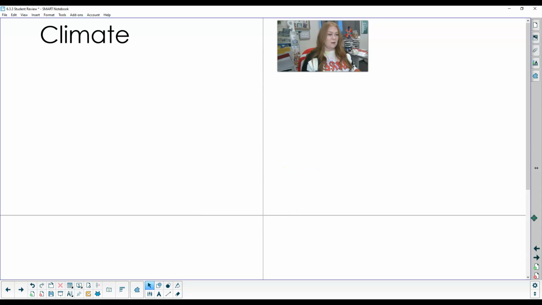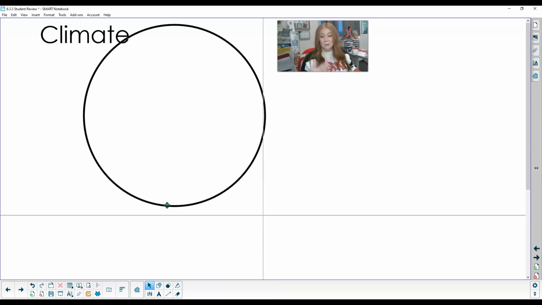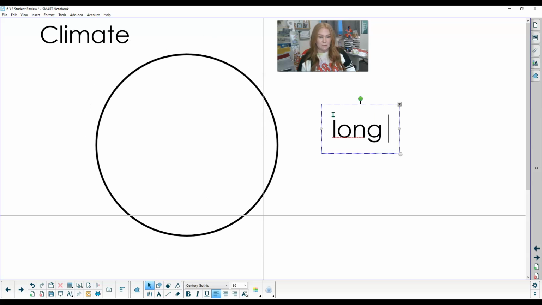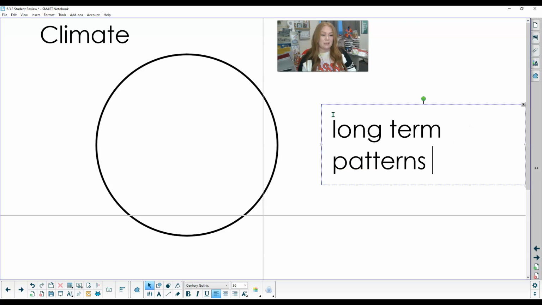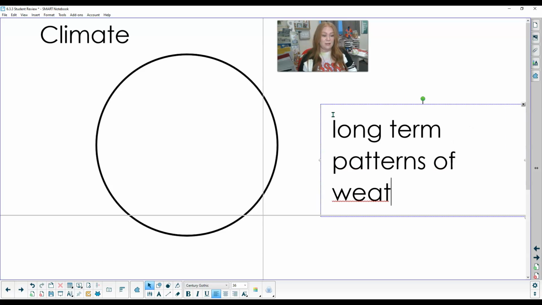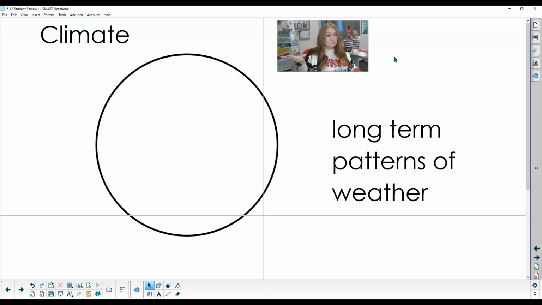Okay, and then we have our climate. One more after this. Climates are long-term patterns of weather. So we expect in Utah, in Tremonton, that in December we will have snow. We expect in July for it to be hot. Those are patterns we expect. You go to Las Vegas, they don't expect snow.